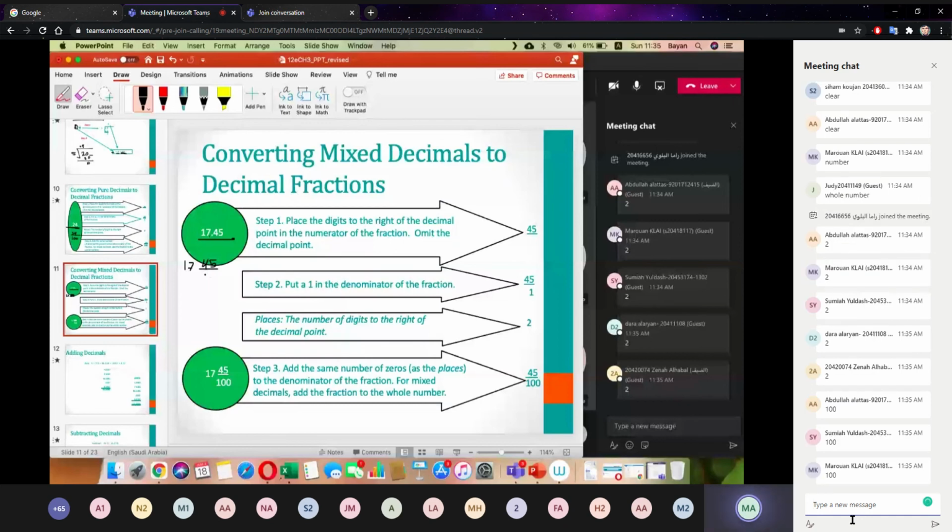Right. So we will have 45 over 100. Clear? Clear, everyone?